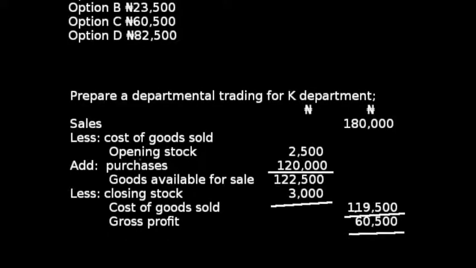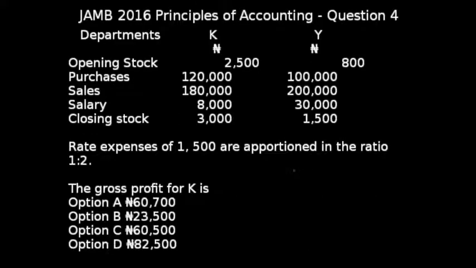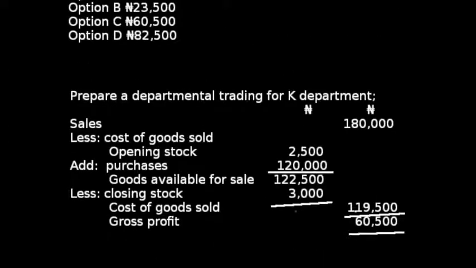And then the next item there is purchases. We need to add our purchases when we are preparing trading accounts, and purchases given to us is 120,000. Now looking at the question, 120,000 was given as purchases, and then we need to add the two together. And once we add the two together, we have goods available for sale. This is now the goods that are available for us to sell to our customers. And then that is 122,500.